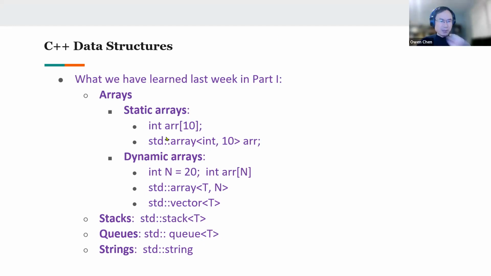We have learned arrays, different types of arrays. Array can be a static array, the traditional way, with just int and an array giving the number. Then you can also have a standard template array with std::array. Then you can use some of those standard template associated functions to access this array.